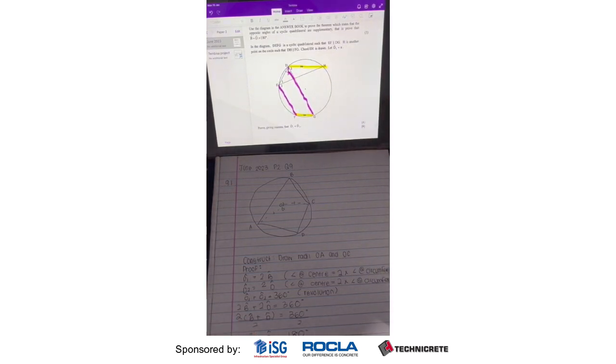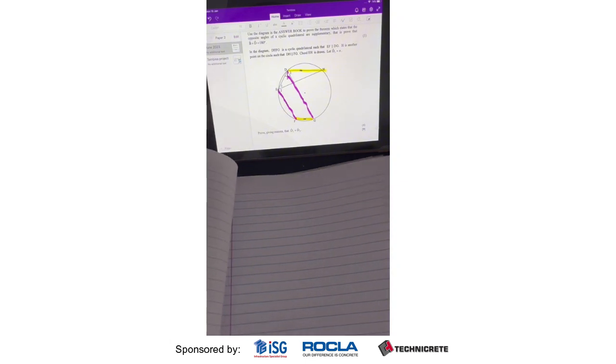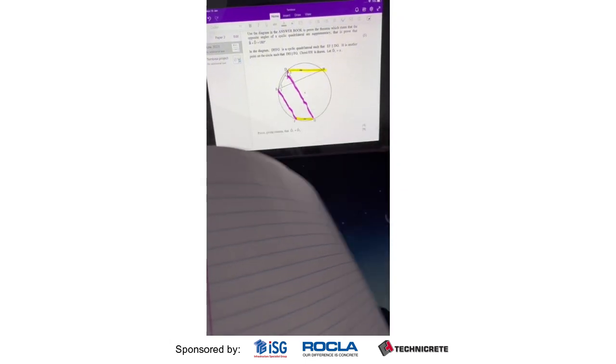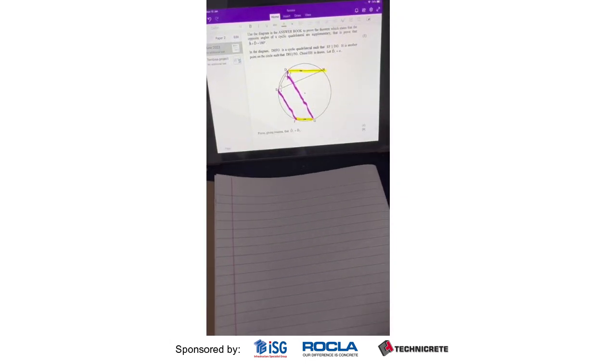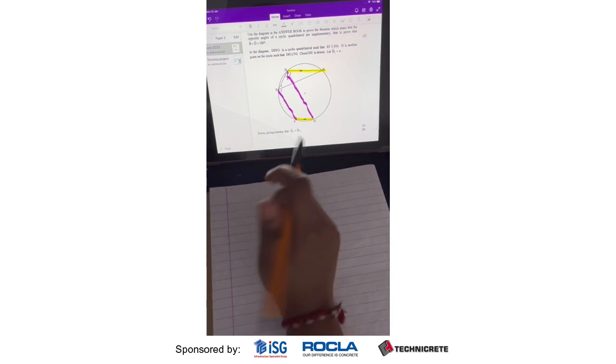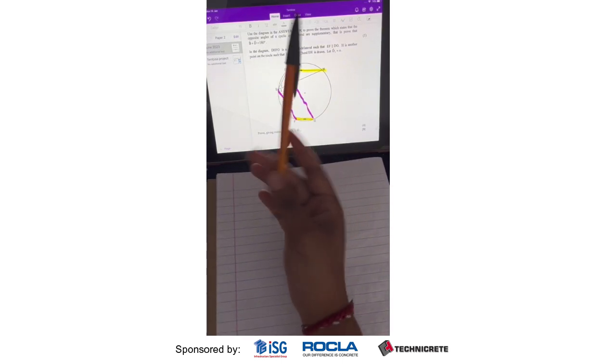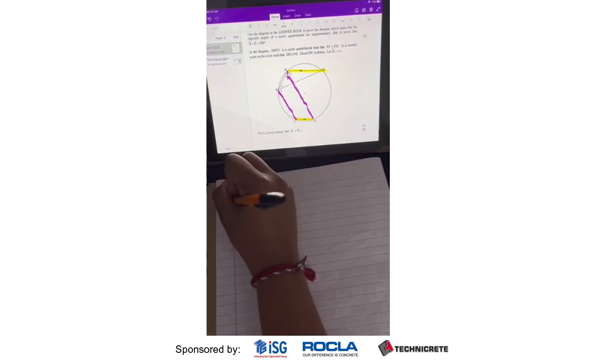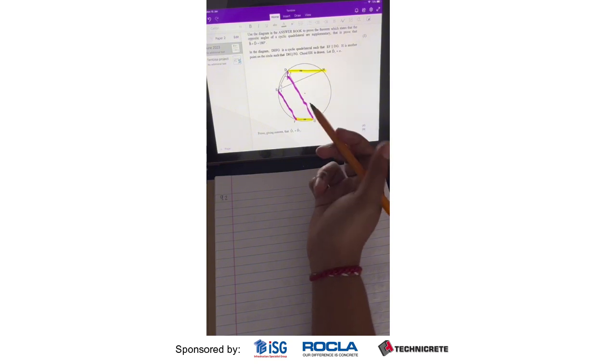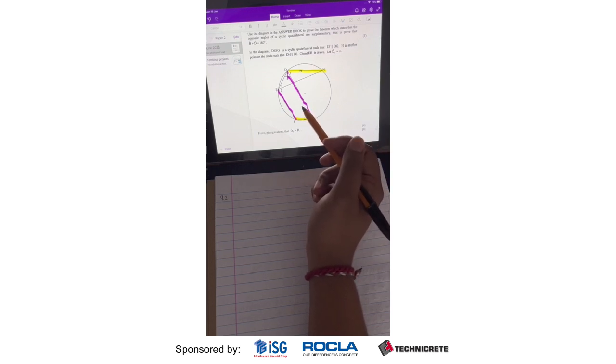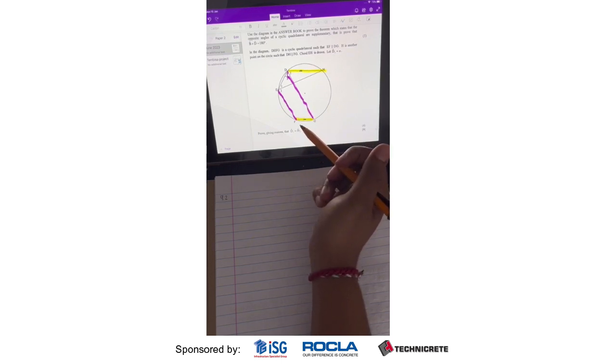Okay, there's a lot going on in this question. So let's start with what we have. We've been given this X over here, and we have lots of parallel lines. So let's start with looking at what we've been given.